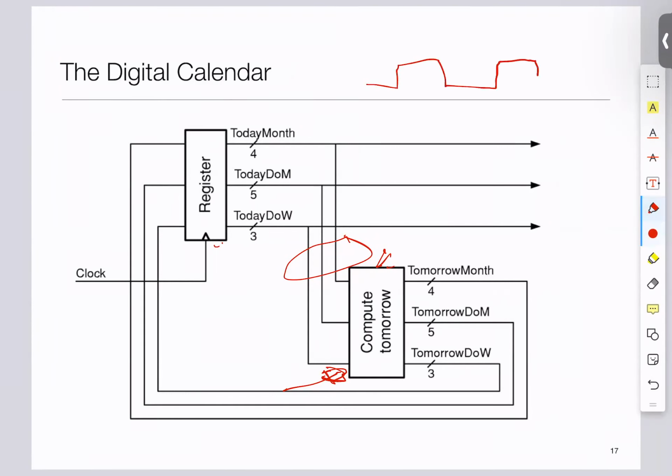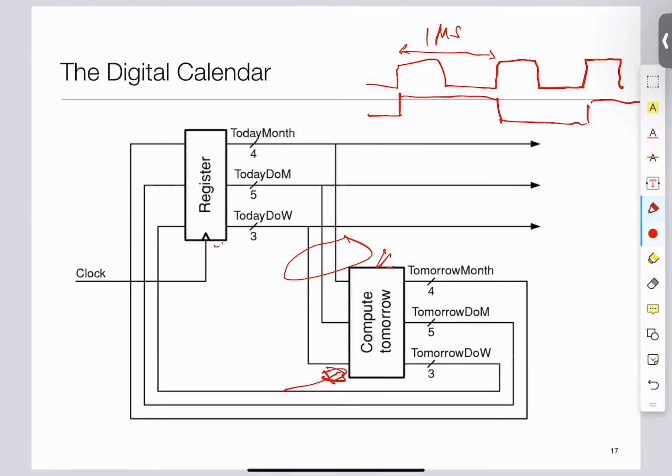Let's say this was my clock. Let's say it was ticking every, I don't know, 1 microsecond. Then divide by 2 would be a clock which looks like this, going at half the rate, every alternate edge.